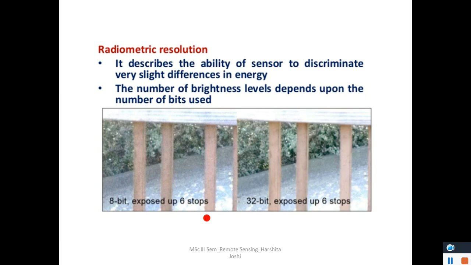Okay, that means brighter is the pixel value. I will talk about the bits and bytes in the future classes. Brighter will be those pixels, that means higher will be the energy present in them. Okay.